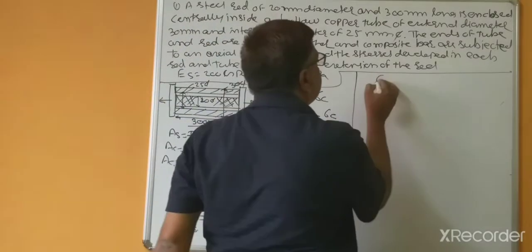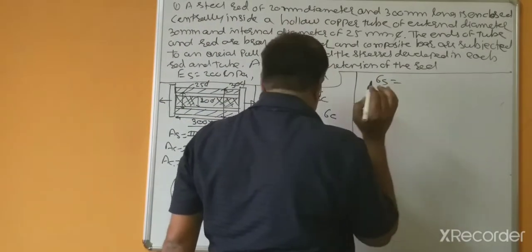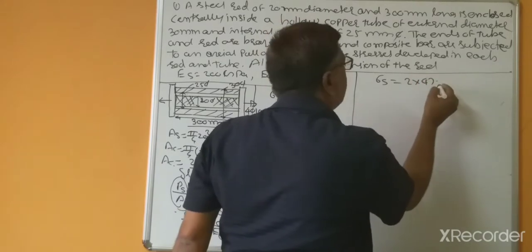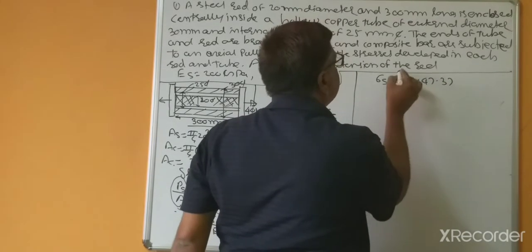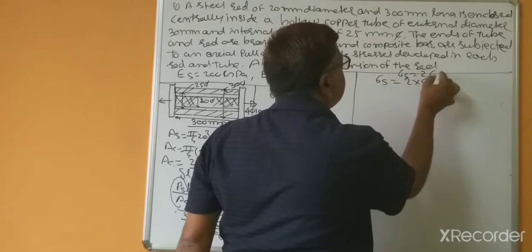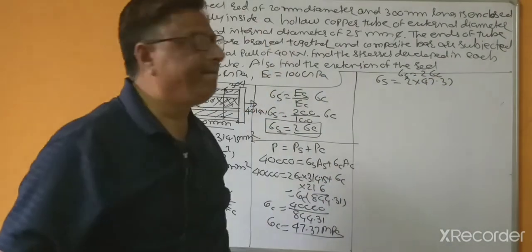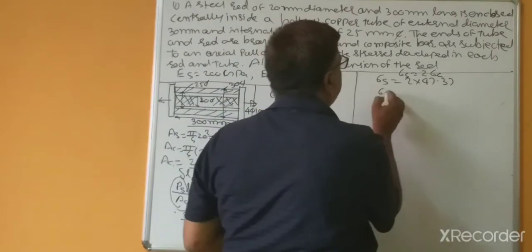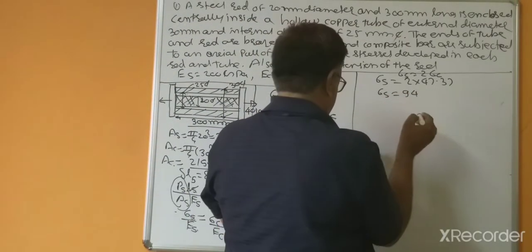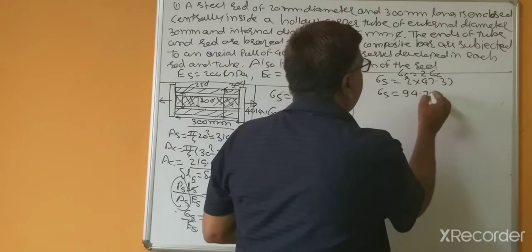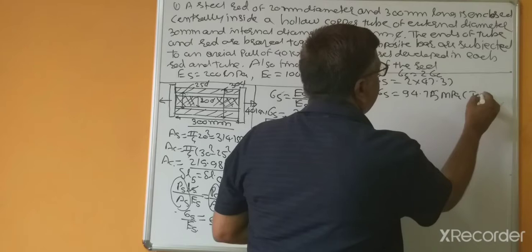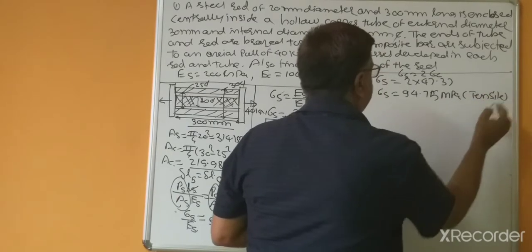So that's why the stress induced in the steel rods is 2 times 47.37, because sigma S equal to 2 times sigma C. So multiplied by 2 you will get 94.75 megapascals, in bracket tensile.